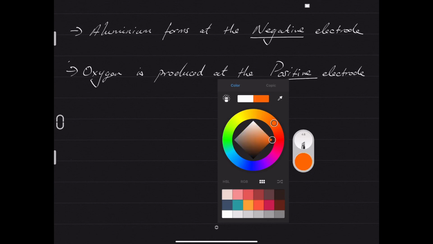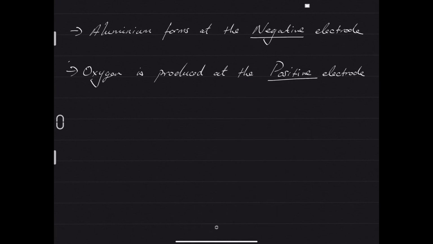So the oxygen is produced at the positive electrode. Now, the positive electrodes are made of hot carbon, and this results in carbon dioxide gas being produced at the positive electrode. So we get this reaction, carbon in a solid state, which is the positive electrode, reacts with the oxygen that's being formed there, and what we get is carbon dioxide gas.